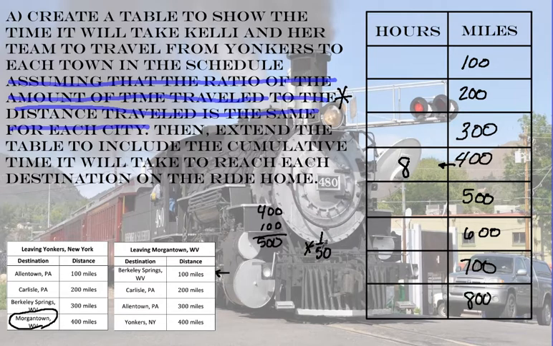Because remember, we talk about doing the reverse. So since 8 times 50 gives me the 400, if I take this and flip it, so I take the reciprocal, then I can take my miles, because I know all of my miles, and get my hours.